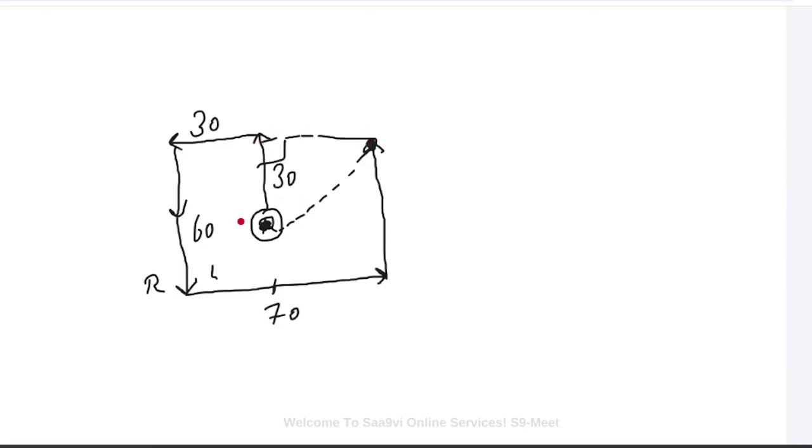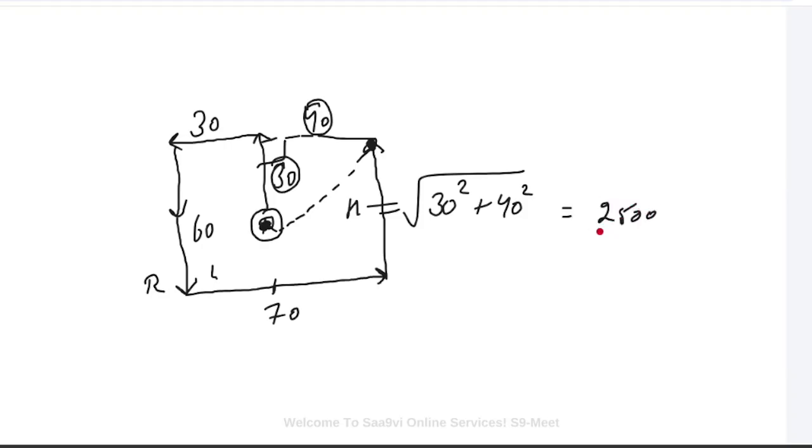Now this is 90 degrees. So this complete side was 60, this is 30. This complete side was 70, this is 30, and the rest is 40. And this is the hypotenuse. The value of this will be square root of 30 square plus 40 square, that is nothing but 900 plus 1600, 2500, square root is 50.